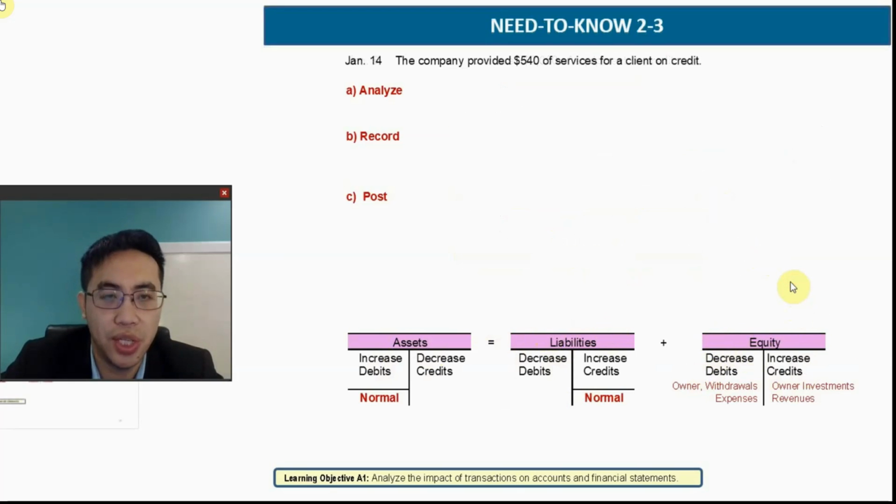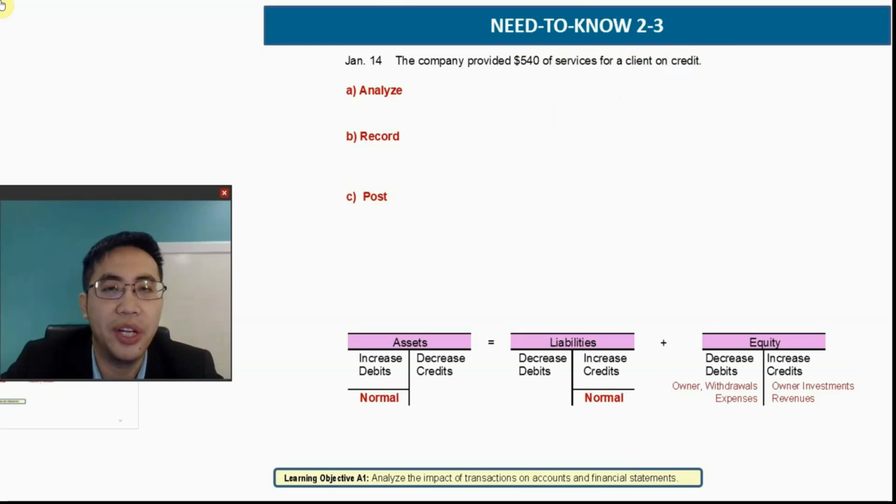Then the next transaction, the company provided $540 of service to a client on credit. This time no cash is involved, it is still on credit. So you will see that the company earned revenue of 540 for rendering its services, and the company also has accounts receivable being built up.